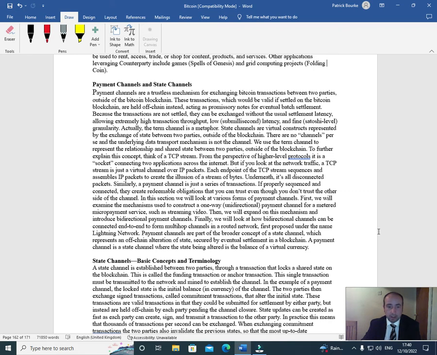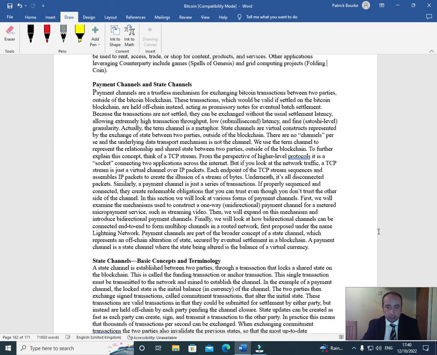To further explain this concept, think of a TCP stream. From the perspective of high-level protocols, it is a socket connecting two applications across the internet. But if you look at the network traffic, a TCP stream is just a virtual channel over IP packets.